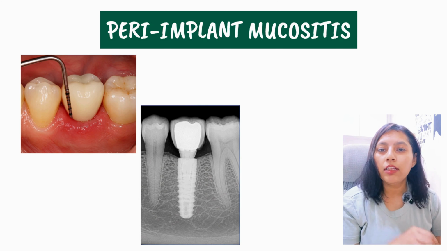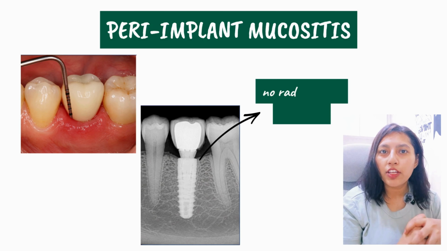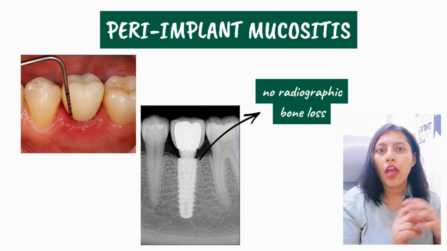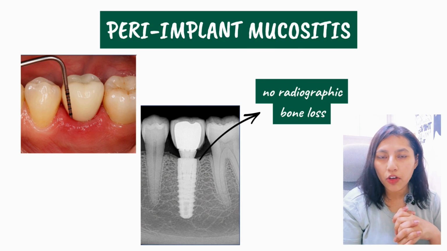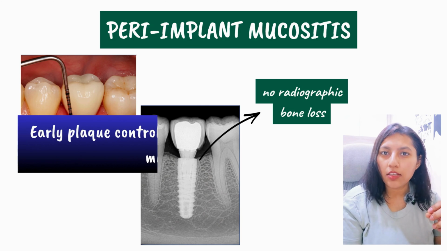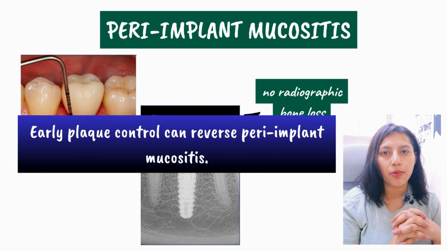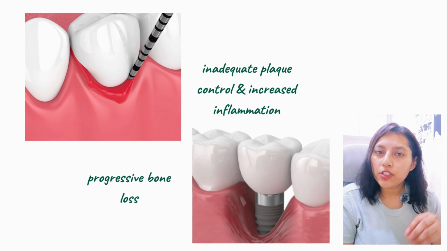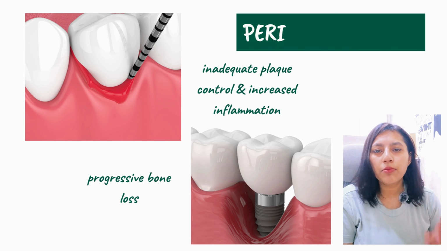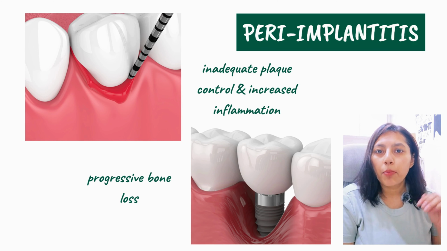But importantly, there is no radiographic bone loss beyond initial physiologic remodeling. And this distinction is critical because peri-implant mucositis is considered a reversible condition if plaque control is re-established early. But if inflammation progresses further with supporting bone loss, the condition becomes peri-implantitis.